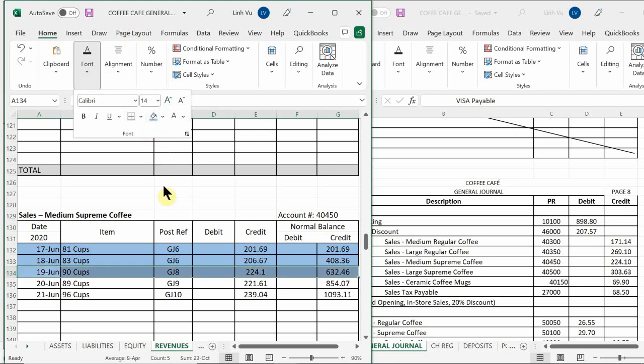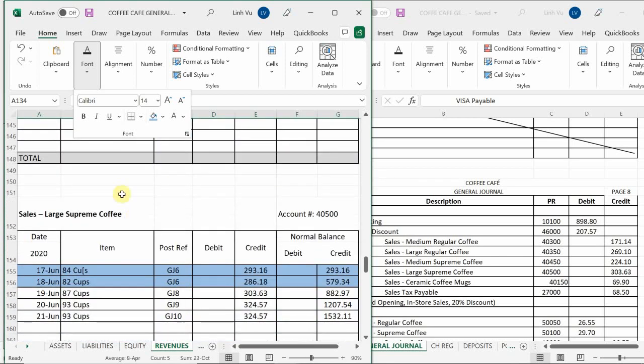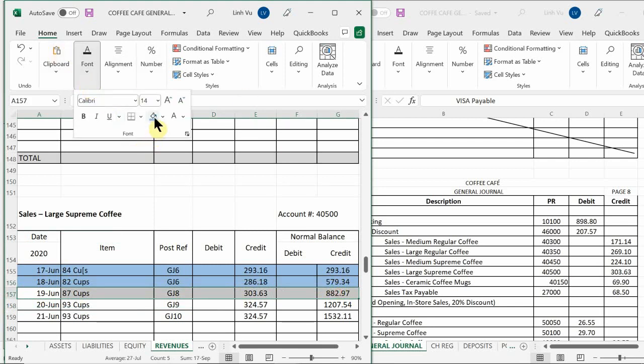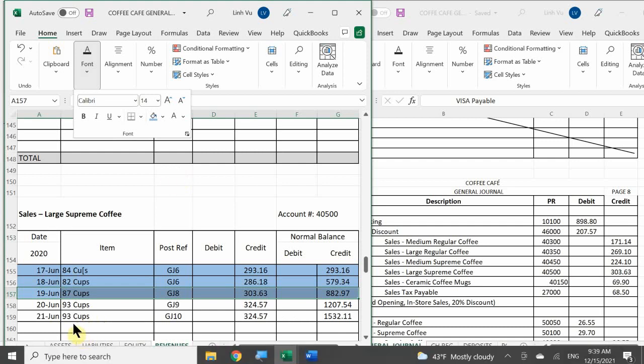And the next one is the large for 303. Okay. And then the sales tax for the 68. Sales tax for the 68.